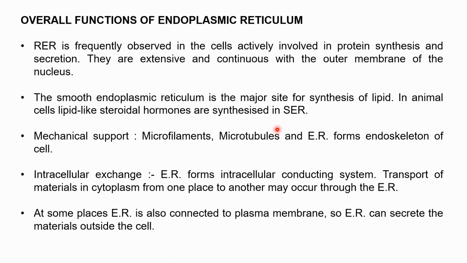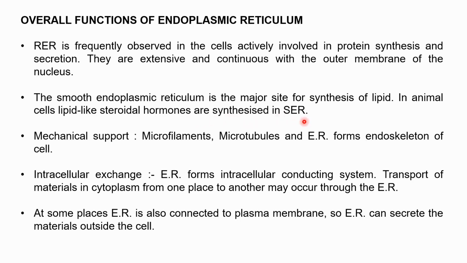So this is what I mean when I say they are extensive and continuous with the outer membrane of the nucleus. The smooth endoplasmic reticulum is a major site for the synthesis of lipids, and in animal cells, lipid-like steroid hormones are also synthesized in SER.